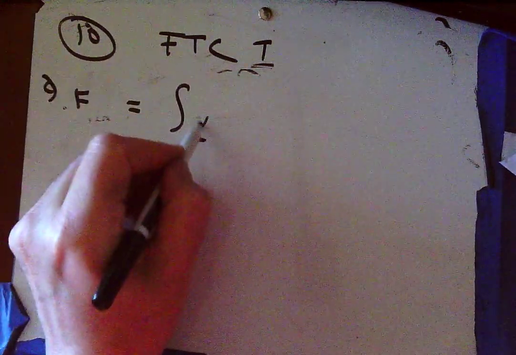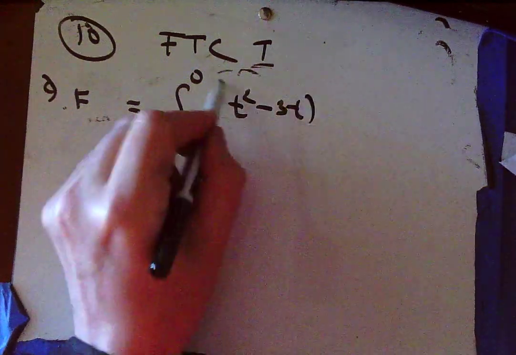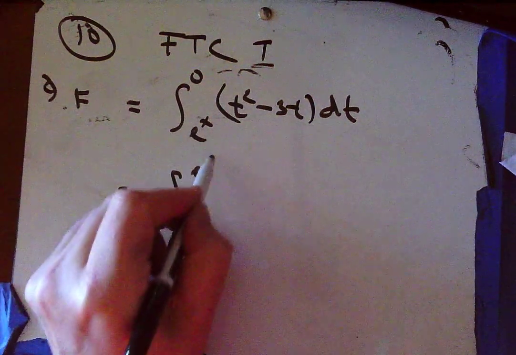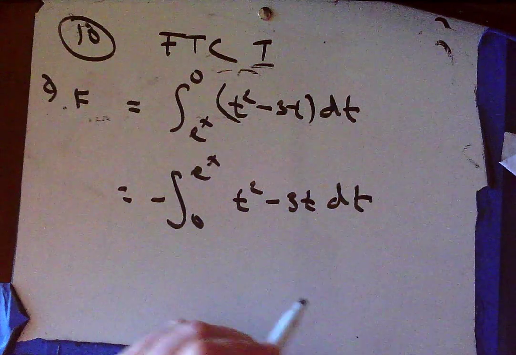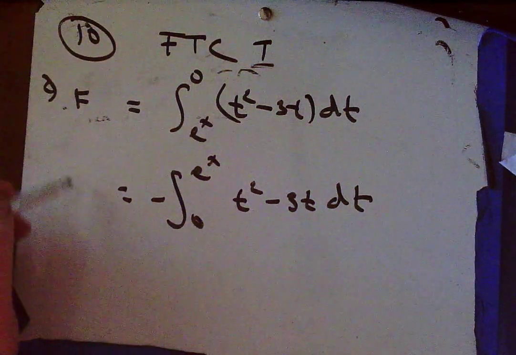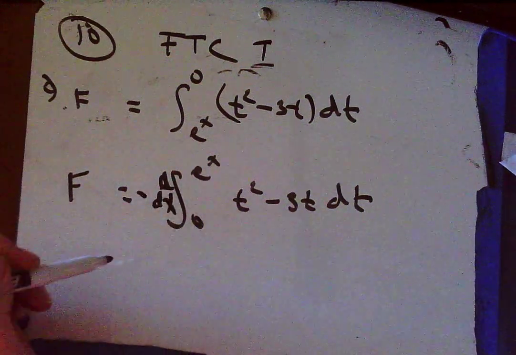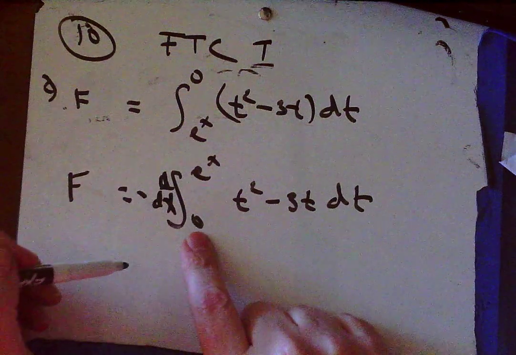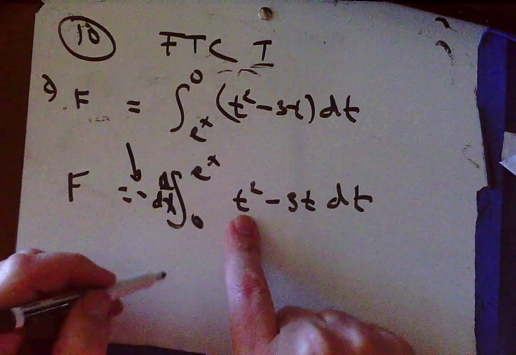Okay, part c says F of x equals the integral from 2x to e to the x of t squared minus 3t dt, and that's going to be negative the integral from e to the x of t squared minus 3t dt. But I'm taking the derivative of both sides, d/dx. So the derivative of the integral, they undo each other. What moves that negative? This comes in here.